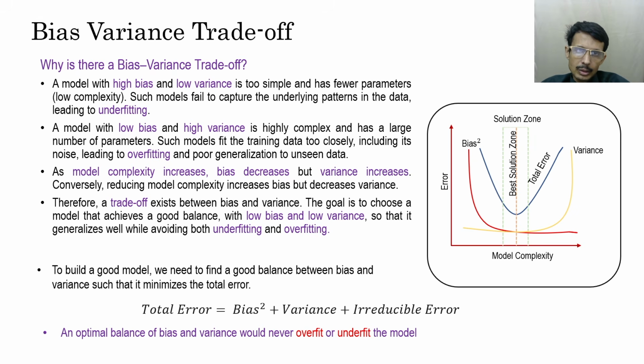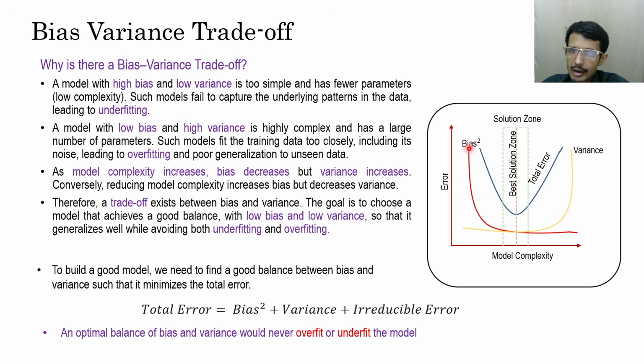Now, what we basically try to understand is that there is a trade-off between bias and variance to get our ideal model. So why is there a bias-variance trade-off? First, you have to understand this diagram.